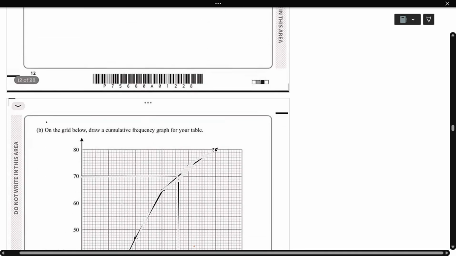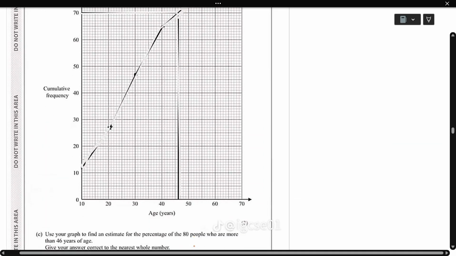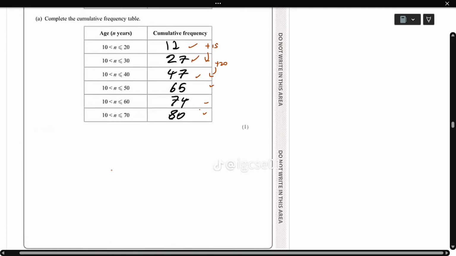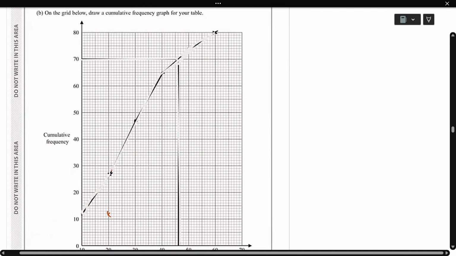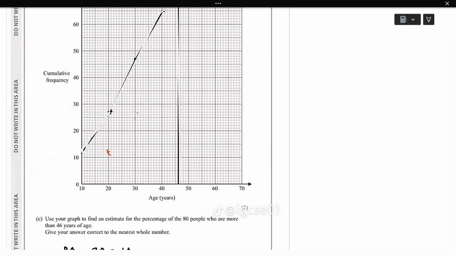Next we need to plot. 20 is going to be 12, and 30 is going to be 27, which is 25 plus 2.